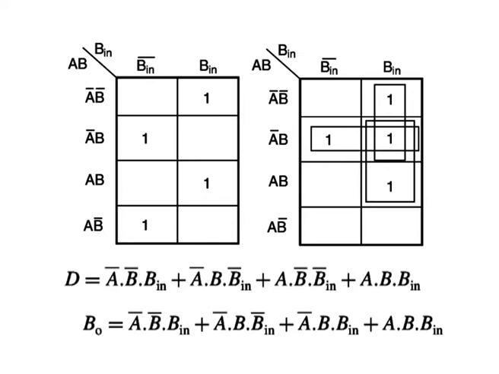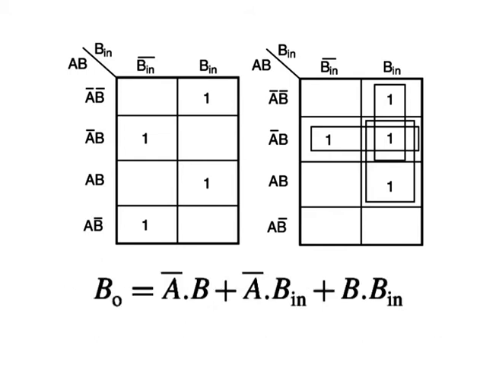As is clear from the Karnaugh maps, no simplification is possible for the difference output D. The simplified expression for BO is given by the equation A bar dot B plus A bar B in plus B B in.